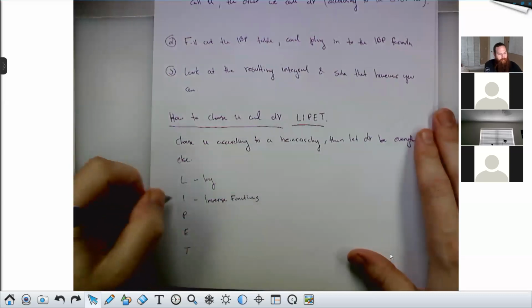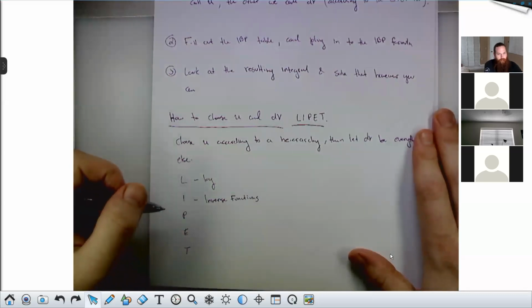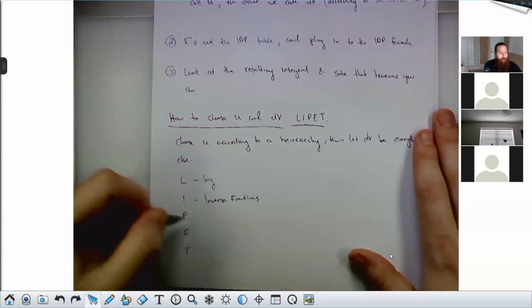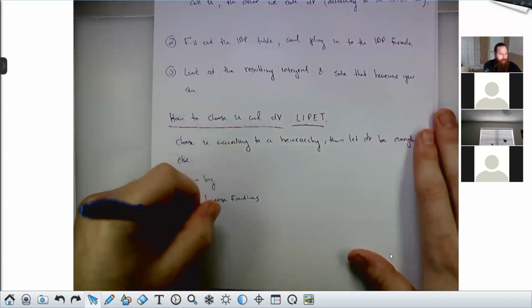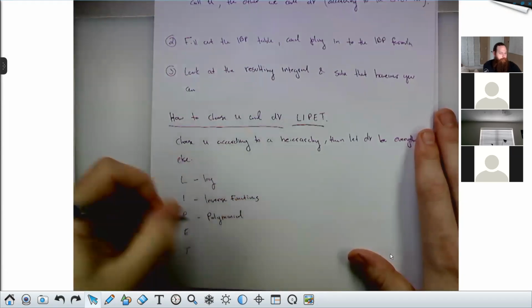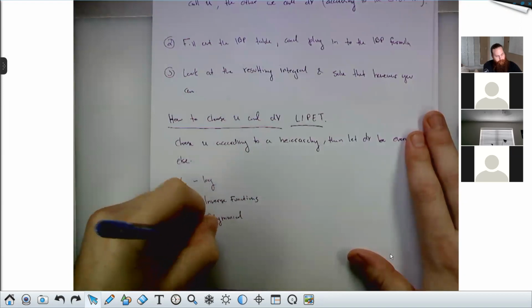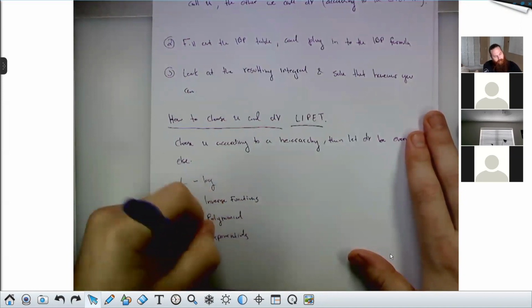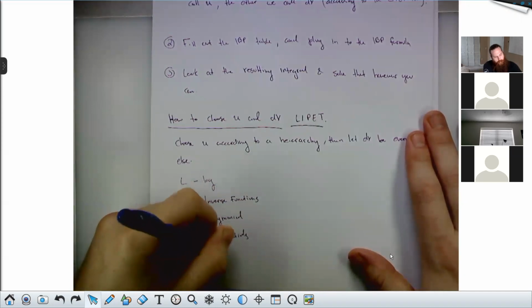If there are not any logs and there are not any inverse functions, then you should look for any polynomials. If there are any polynomials, then you will pick those to be u. And then if there are none of those, you look for exponentials. If there are none of those, you look for any trig.